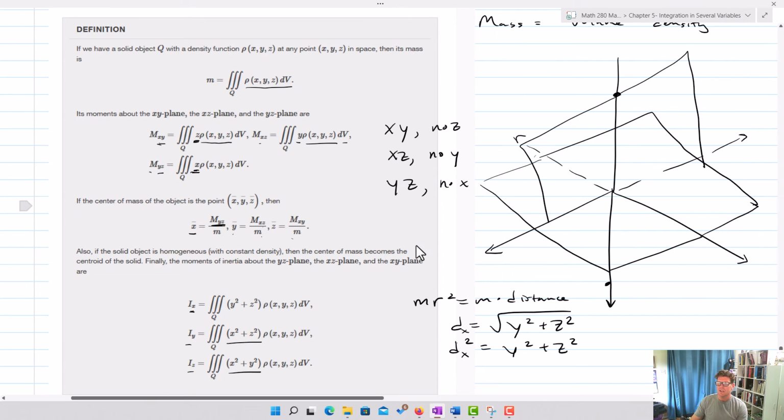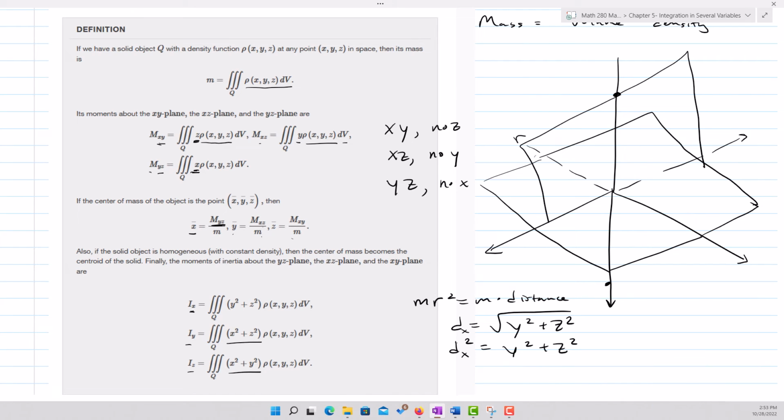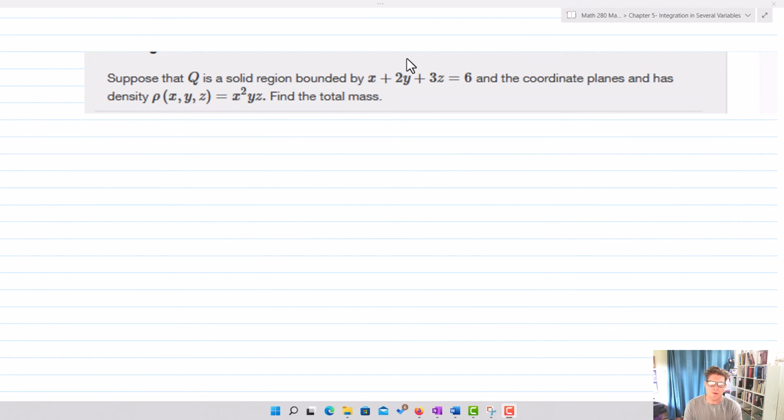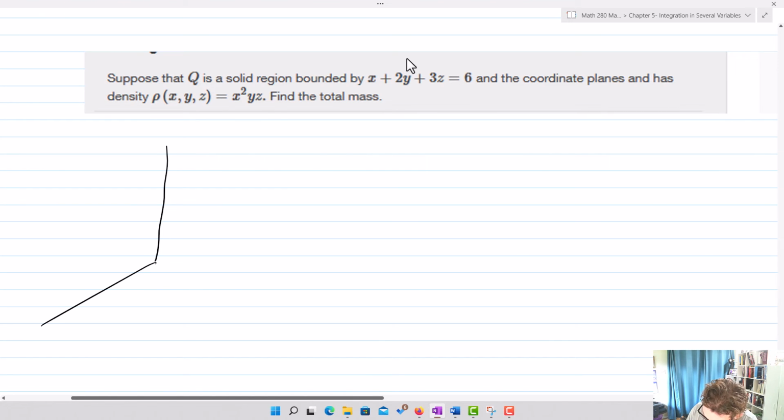Okay, so let's take a look at one more example here, and then we'll finish up this video. Let's suppose that Q is a solid region bounded by x plus 2y plus 3z equals 6 and the coordinate planes, and has a density rho of x, y, z equals x squared y z. So we're imagining this region, this triangular prism, a solid region.